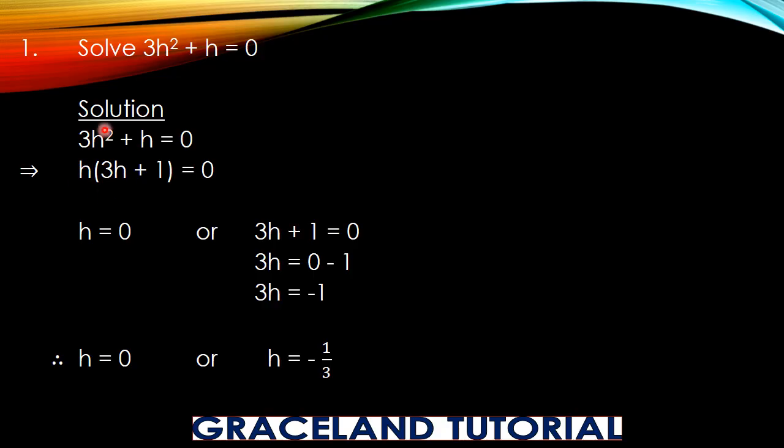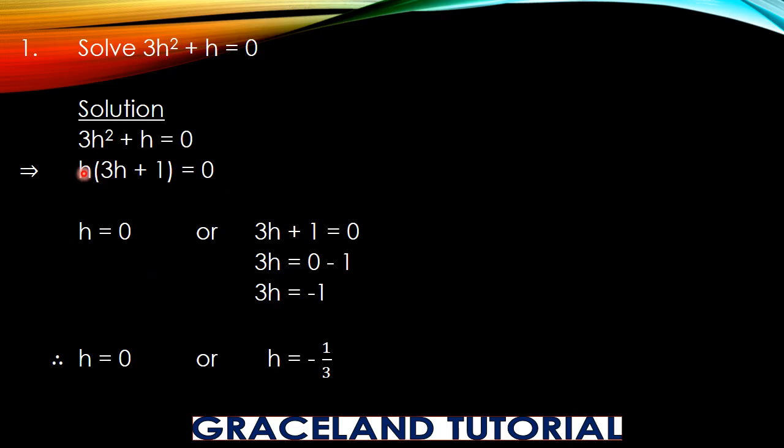H will cancel the square, leaving the h. So you are going to have 3h plus h in h is 1. So what we have is h into 3h plus 1 is equal to 0.